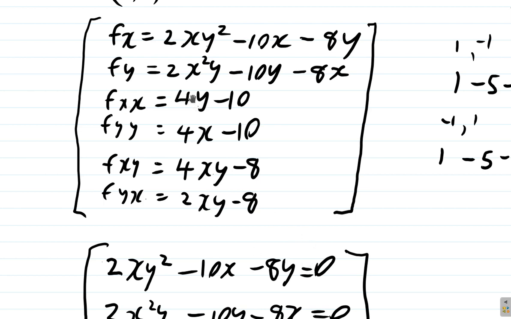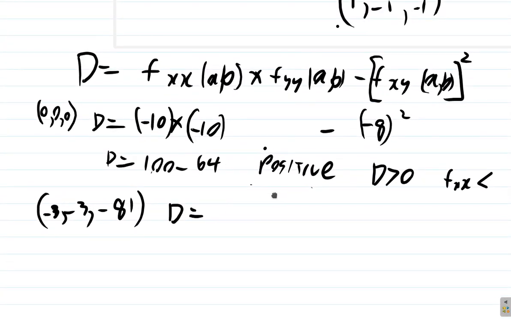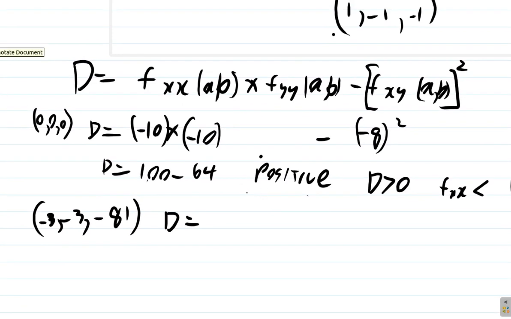When you have 3 for y, 4 times 3 is 12, 12 minus 10 is 2. You have 2, times. Well, you can see here that fxx is a negative number.